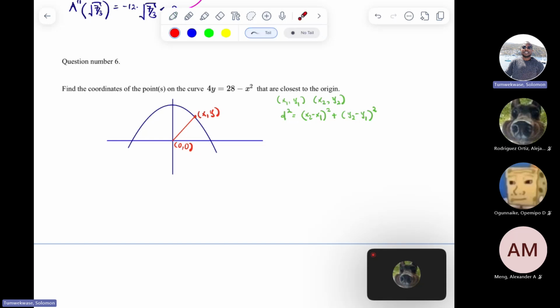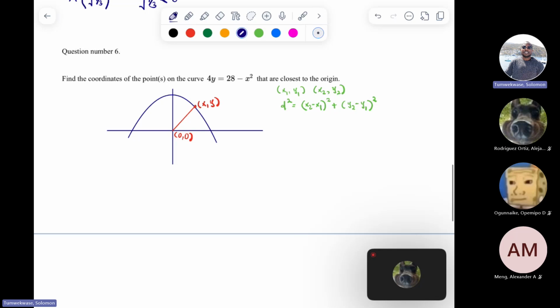Okay. So what the question is asking for really is what are the values of x and y such that the distance from that point to the origin is the shortest distance. That's all we are interested in determining. Okay, so I can write the same formula.